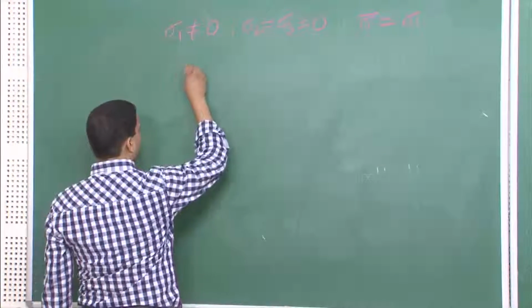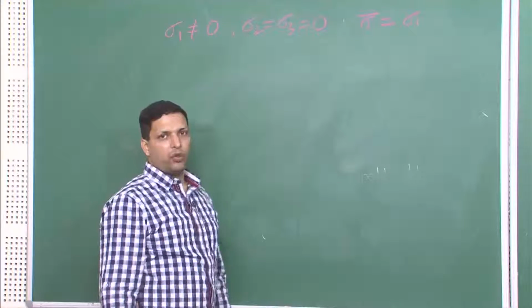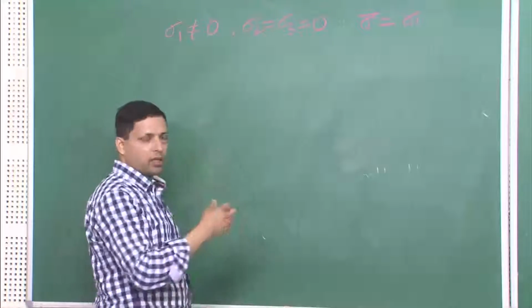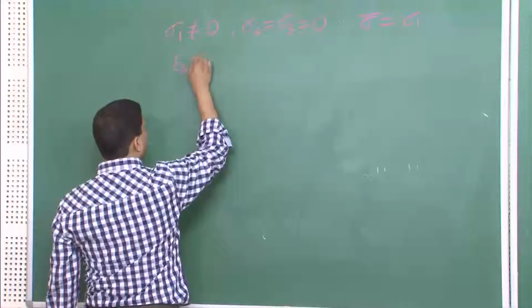However, when we look at the strain part, in rolling we assume that epsilon 3, which is in the perpendicular, transverse direction, is equal to 0.